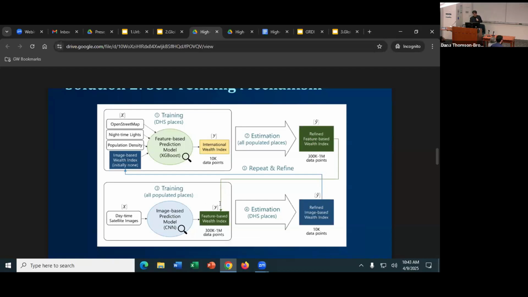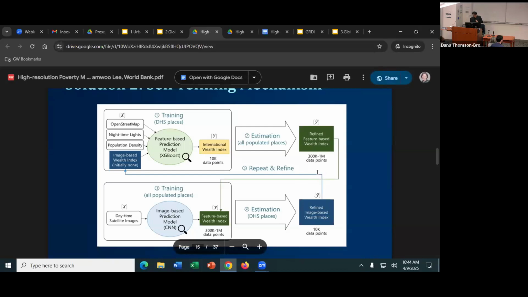So I used that to train an image-based model. After training, I used that model to generate estimated wealth index for all populated places. So I have a wealth index trained on non-quantifiable image characteristics.